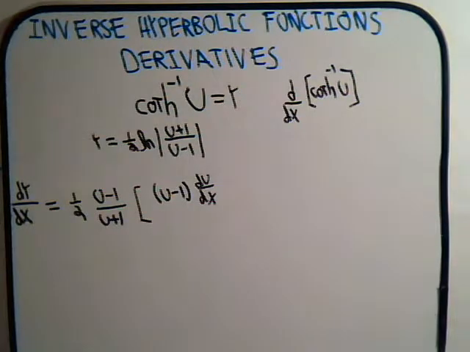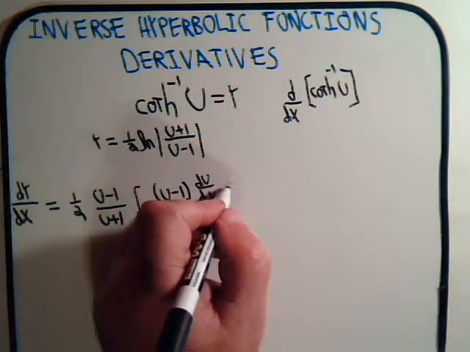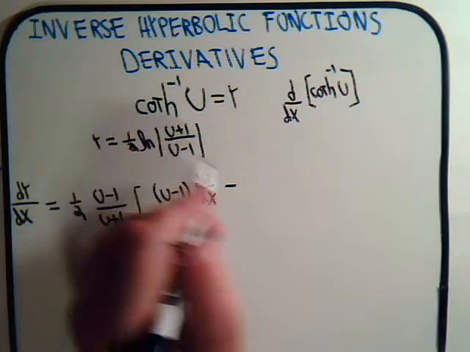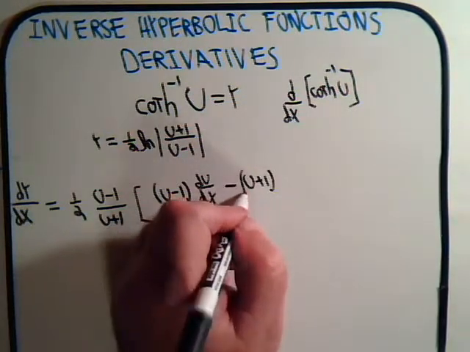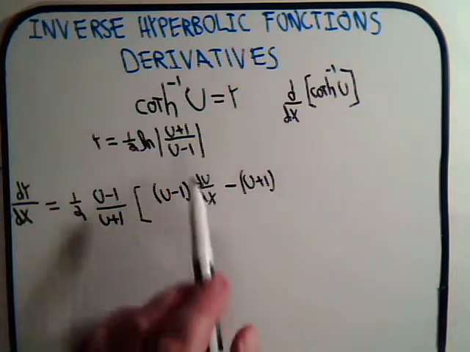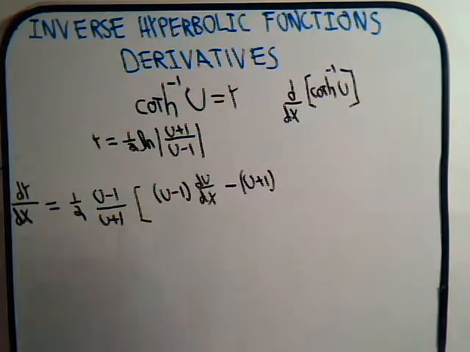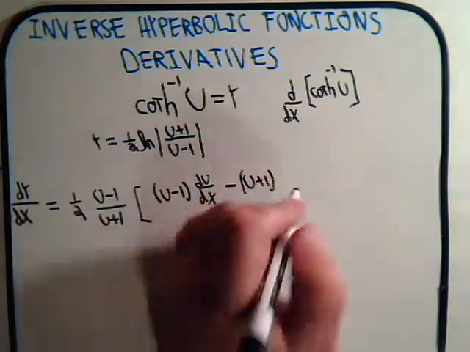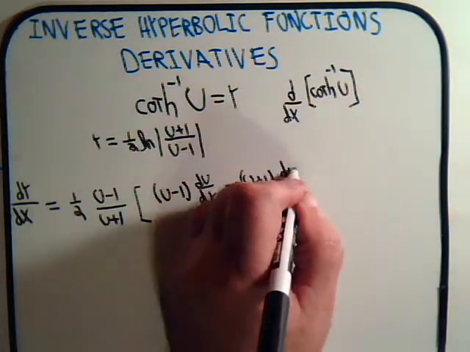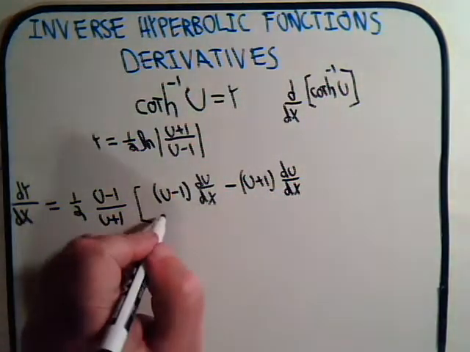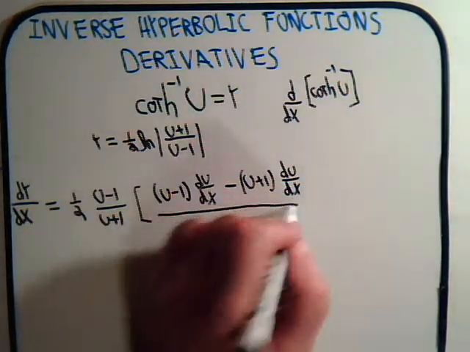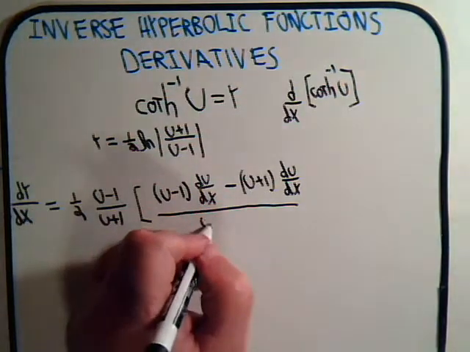And then we have minus this times the derivative of this, and that's just going to be du/dx. And this whole thing now is going to be divided by the square.